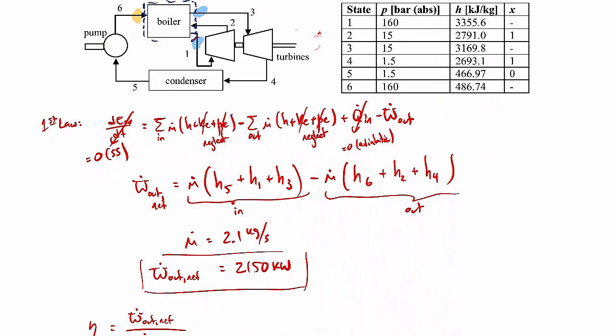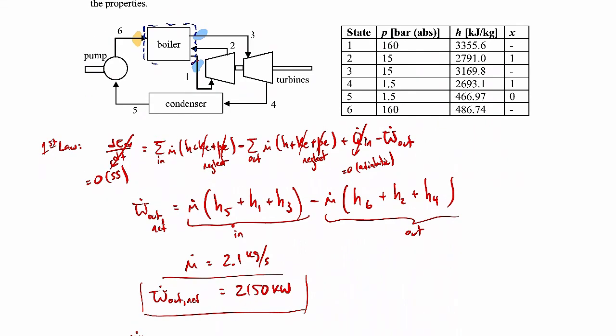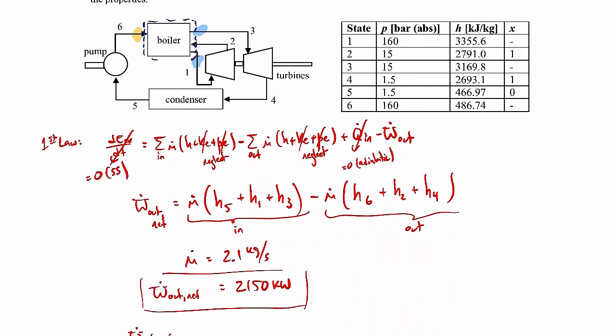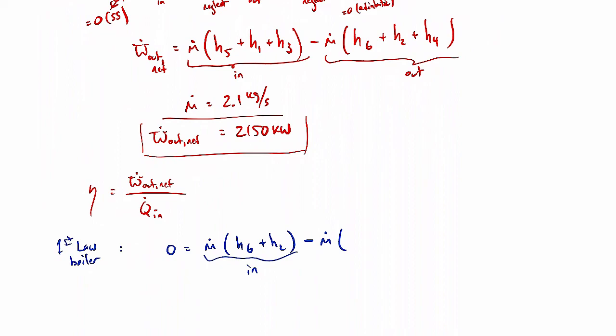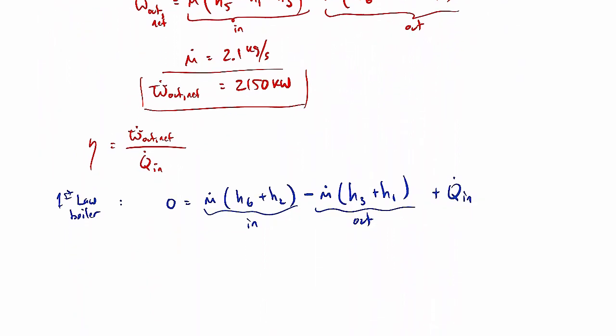So I'm just erasing that part. So we have to take into account the blue ones. So 3 and 1 there. So these are the outs. And then this is our heat transfer term there. So we can solve for the Q dot in.